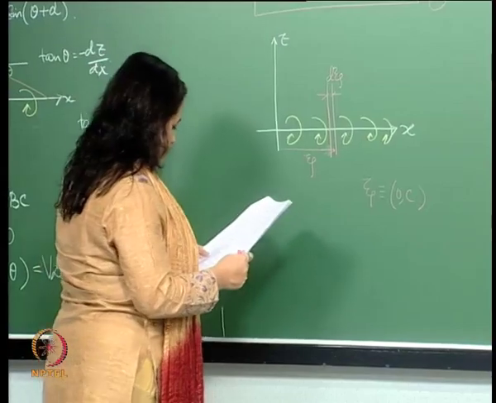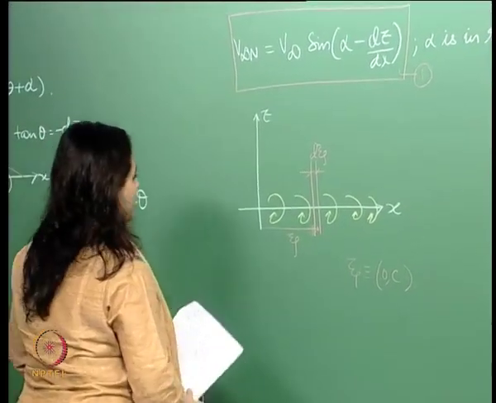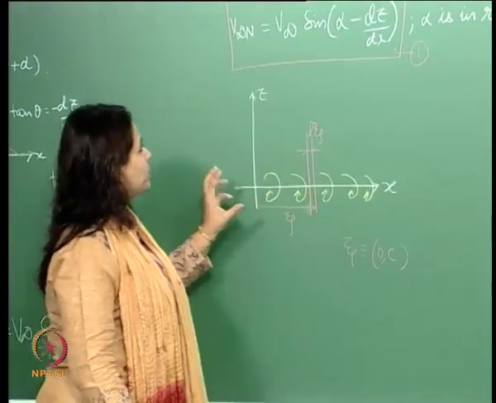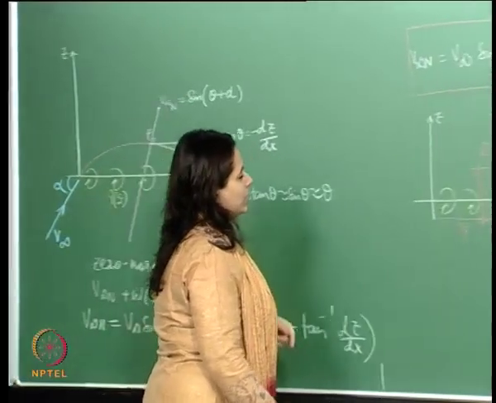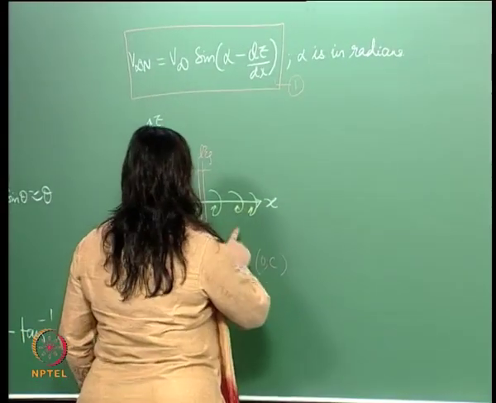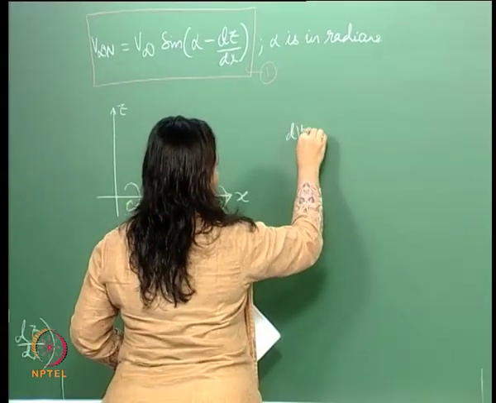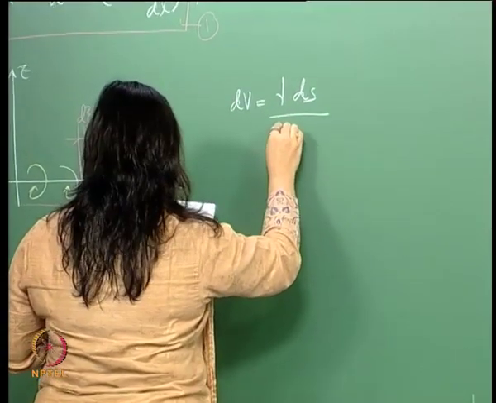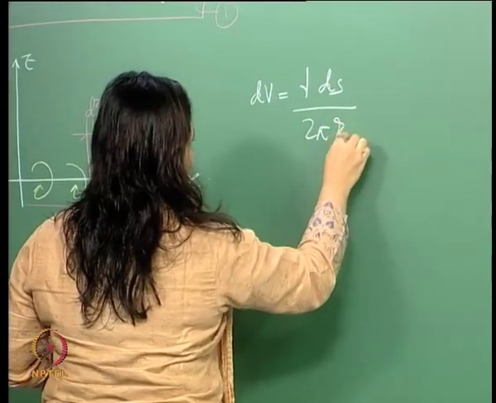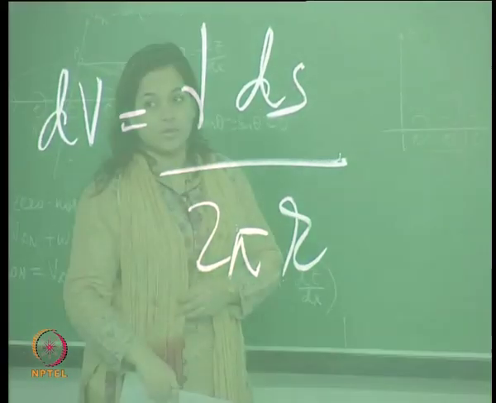Now how will we calculate this? We need an expression for this component of induced velocity due to this distribution. This is a standard expression, so any standard book should give you this if you don't remember.